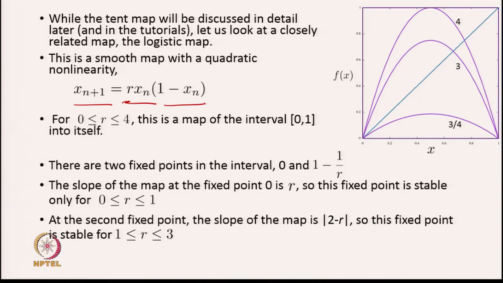As you can see, this map is a quadratic function. It vanishes at the point x is equal to 0 and at the point x is equal to 1. And so long as r is between 0 and 4, this maps the interval 0, 1 into itself.